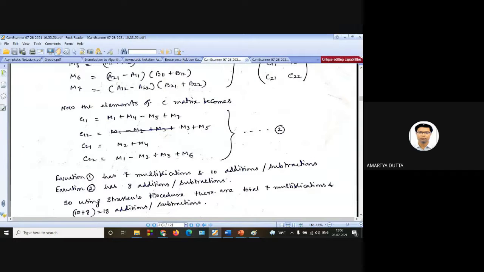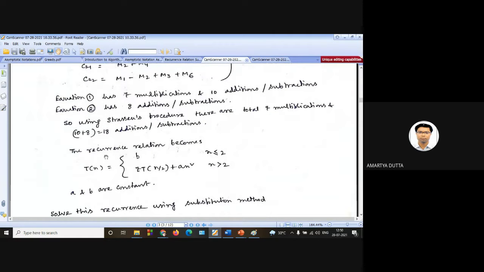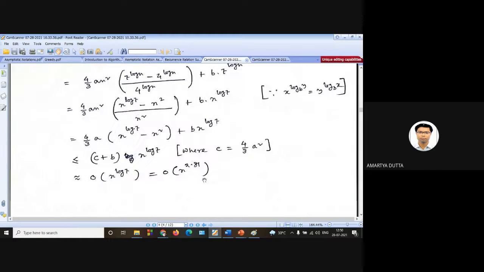Equation number 2 has total 8 addition subtractions. So finally, the recurrence relation will become 7T(n/2) plus 18n square. Now, if we solve using the master theorem, or you can use the substitution method, we can get the solution n to the power 2.81.